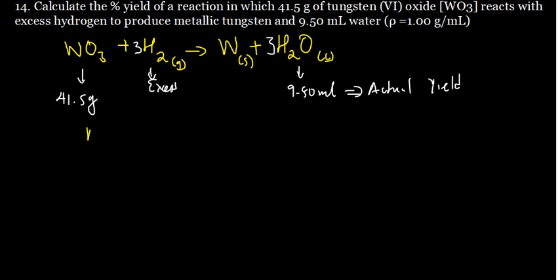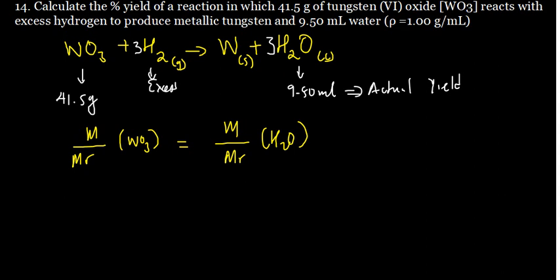So mass divided by the molar mass of tungsten 6 oxide is going to be equal to mass divided by molar mass of water. Now because we have got a 3 in front of water, I'm going to put a 3 down here. So this is going to be the mass of tungsten 6 oxide given, 41.5, divided by the molar mass. So we check on our periodic table.